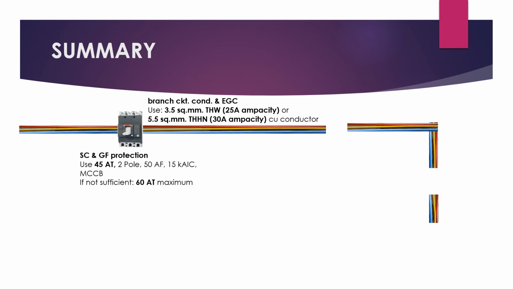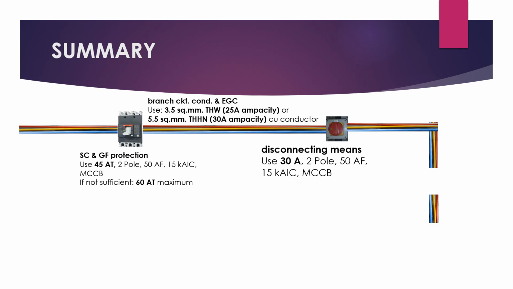And also the short circuit and ground fault protection, which is our OCPD, we have to use 45 ampere trip, 2 pole 50 ampere frame 15 kaic MCCB. And if it is not sufficient to start the motor, we have another option of 60 ampere trip maximum as per our result in our calculation.